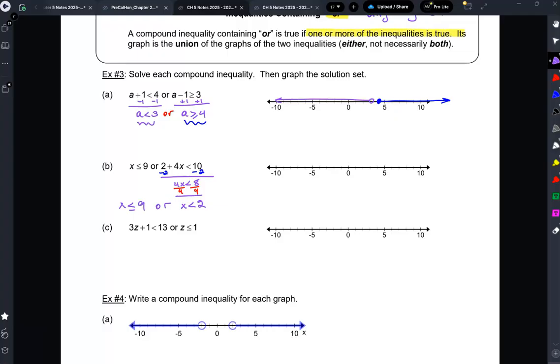Okay, this is a different situation. So let's graph the first one. Less than or equal to 9. Let's graph the second one. Now, tell me, is negative 5 part of the solution?